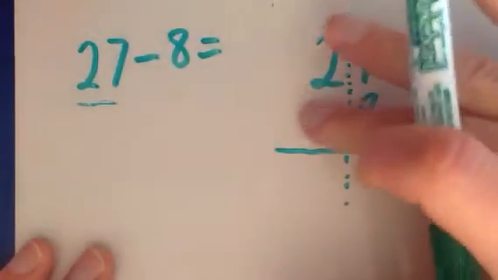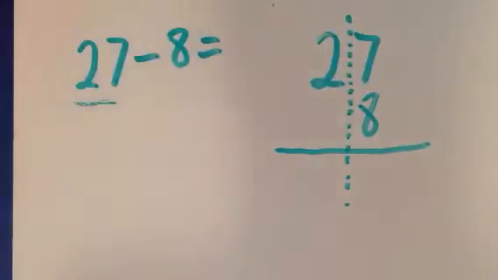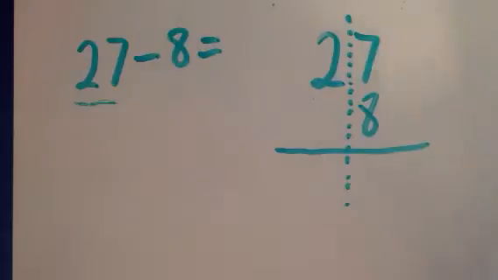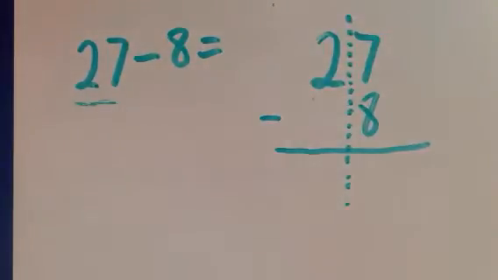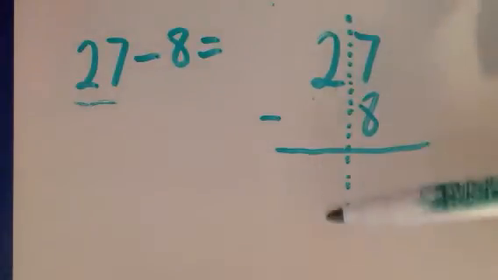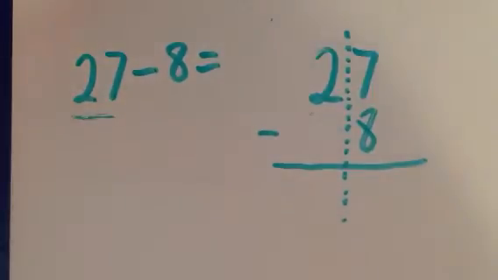Now that can get confusing. I'm not saying you can't do it that way. I'm just saying it might be easier if you put that minus out to the side here. I can still see that I'm subtracting, but it's not in any of my place values, right? It's not in any of my columns here that are going to help me subtract. All right, so now we've got our problem set up.